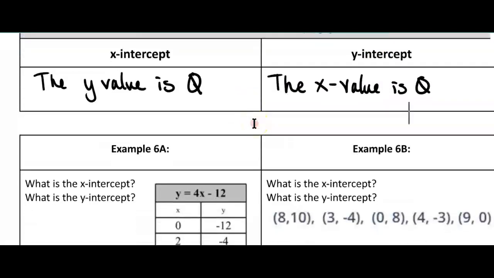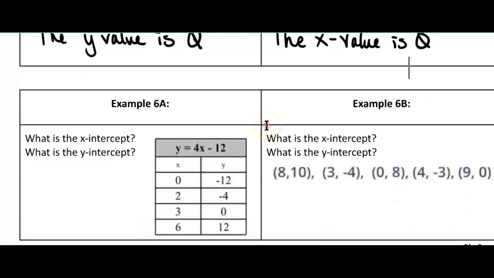So in example 6a, I'm going to bring this one down here. Number one. What is our x-intercept? We're going to answer these as ordered pairs. Well, how do I know where I have an x-intercept? An x-intercept is where y equals 0.